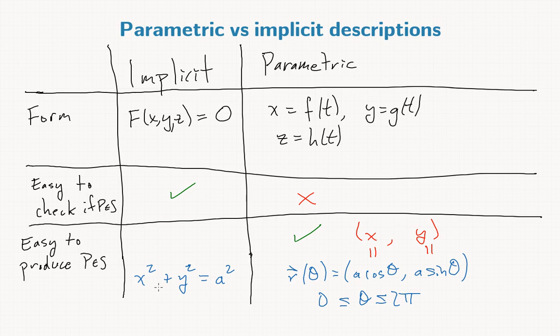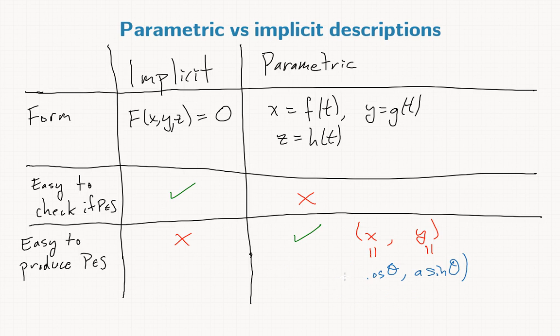Again, in order to produce examples from an implicit description, we need to somehow solve for x and y here. So both forms have their advantages.